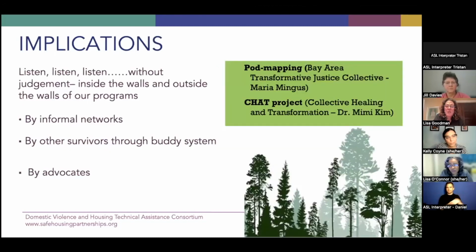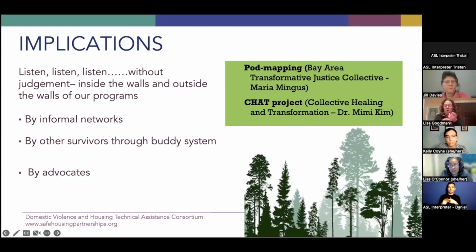So the range of recommendations include a deepening of our survivor-defined practices in several key areas. First, survivors told us that they wanted us to work with informal network members to increase their capacity to be able to listen, and to understand survivors' needs and to know how to respond in dangerous moments.